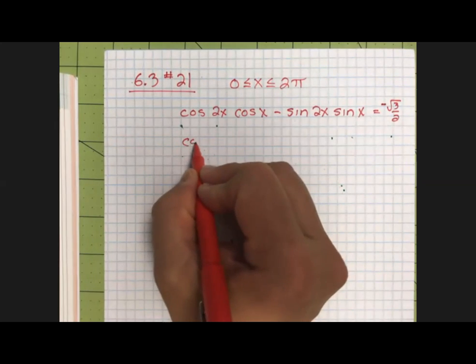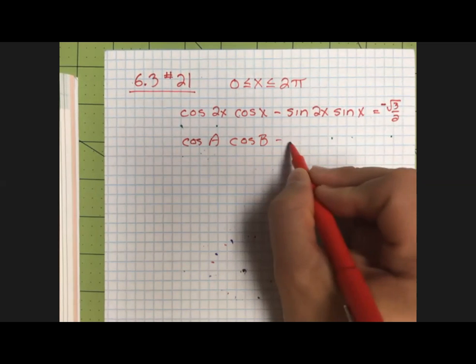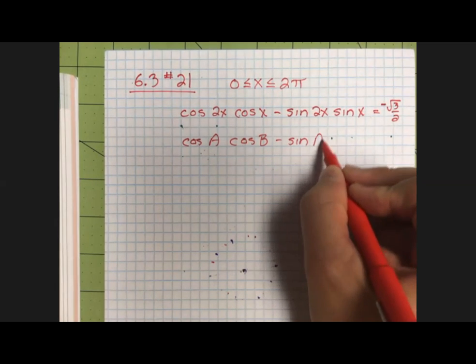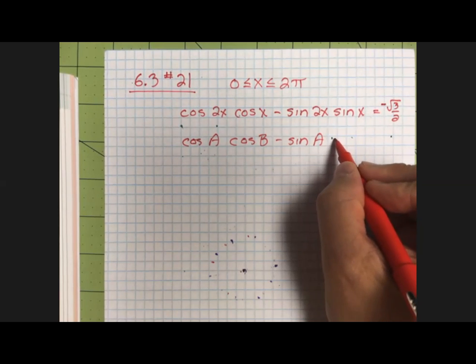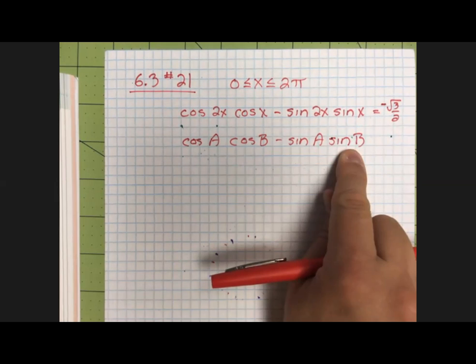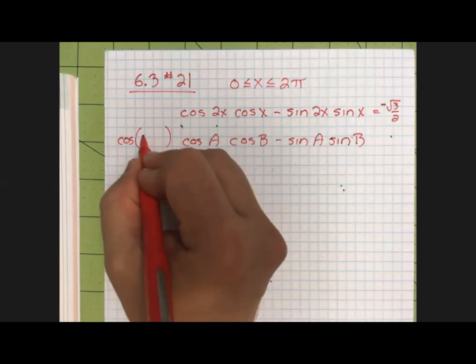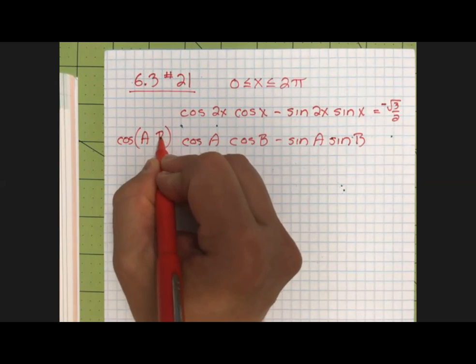Well, this reminds me of this identity. So you may not have to memorize every identity, but you have to recognize them when you see them. I recognize what? The cosine of a sum or difference.